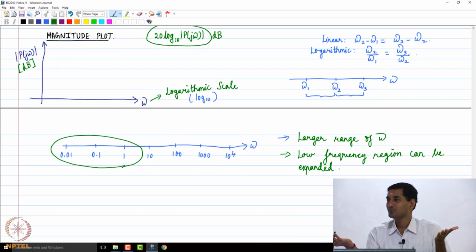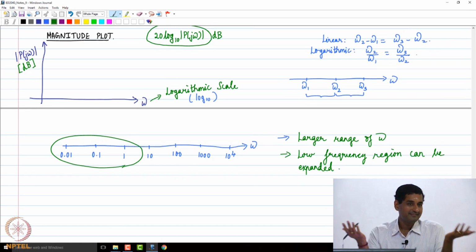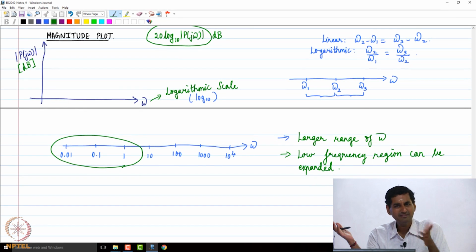That means sin omega t or cos omega t, if I say omega is 0, I am going to get either a 0 or a 1, right. That does not make sense for me, because I want to see sinusoidal inputs. So that is okay, it is not a very serious limitation as far as a logarithmic scale is concerned. So that is why we use a logarithmic scale on the abscissa for the frequency.